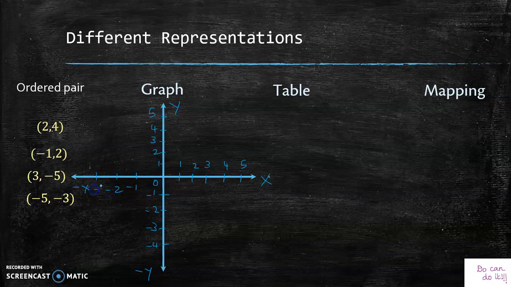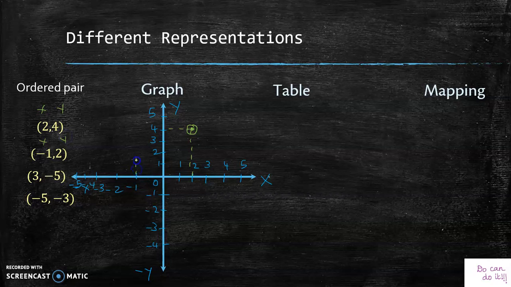So now what do you have here? 2, 4. So the first one is x and the second one is y. So 2, 4. We'll plot here. This is a way of representation. So now can you try the other three? Negative 1, negative 2. So negative 1 is x. This is y.